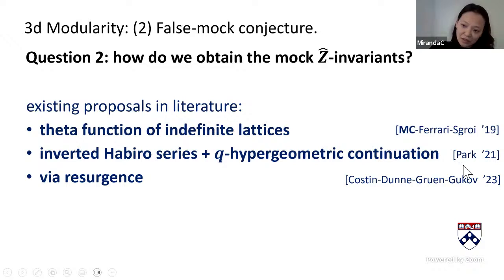And then there's a work by Sung-Yuk Park, who basically invented the whole mechanism of what he called the inverted Hopf-link series, and then he used some very specific kind of analytic continuation using q-hypergeometric series. So very creative. And then there's this recent proposal by these 4 authors. So I will focus on the first 2 approaches.